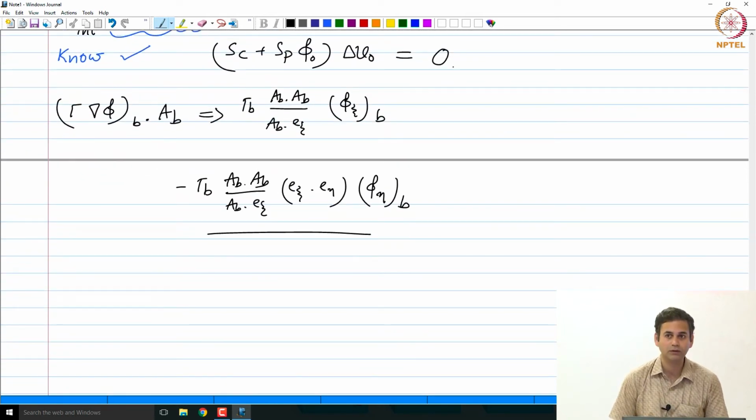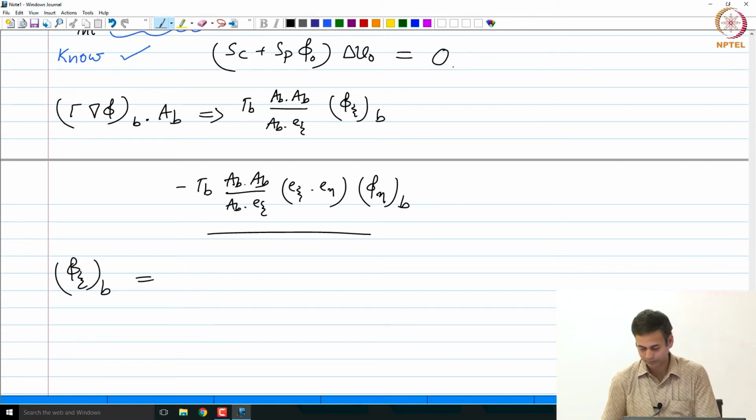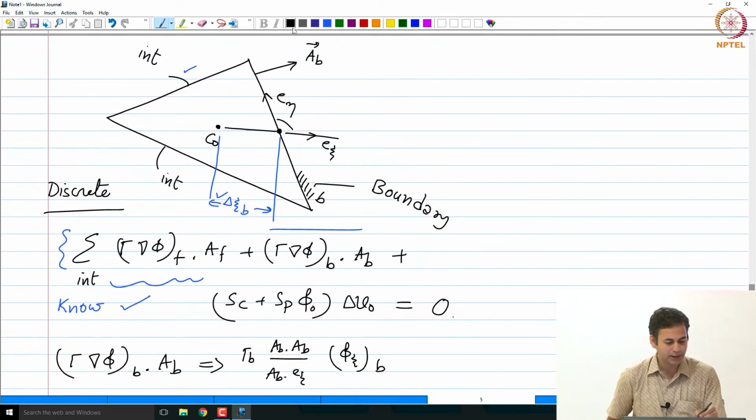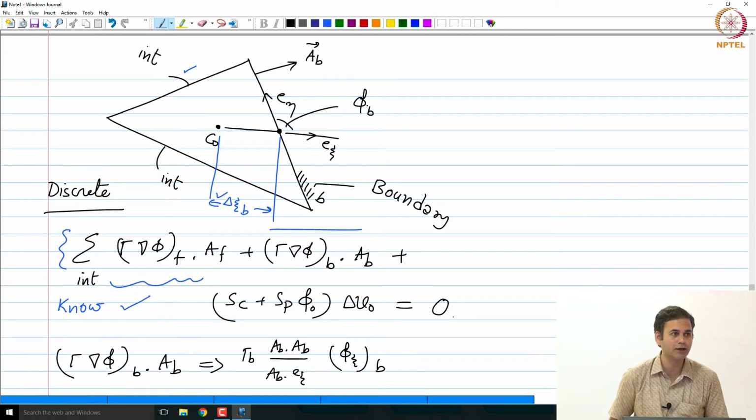Fine. Okay. Then what about the first term? How do we calculate phi xi b? Because we have a boundary face, just like the structured or the Cartesian meshes, we would also somehow store a value of phi on the face, irrespective of the boundary condition. The boundary condition can be a Dirichlet, a Neumann or a mixed, but we will still store a value of phi on the face.